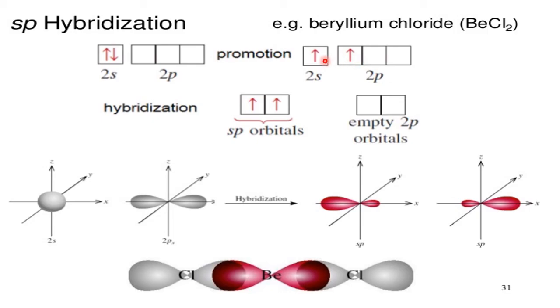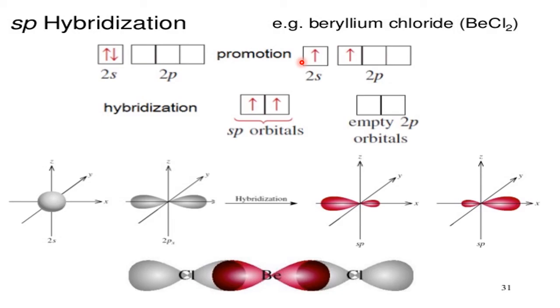So one s orbital, only one p orbital. So totally 2 are undergoing hybridization. So one s, one p, totally 2, sp. Because these two orbitals are undergoing hybridization, therefore this is called sp hybridization.